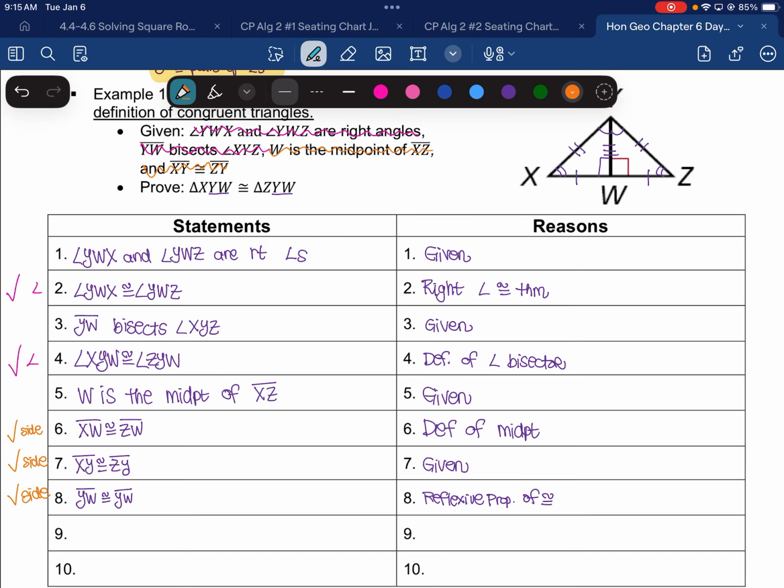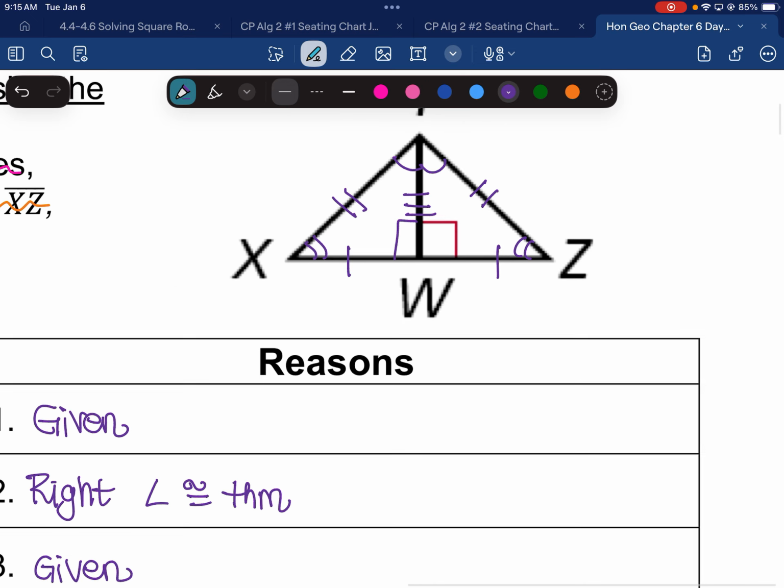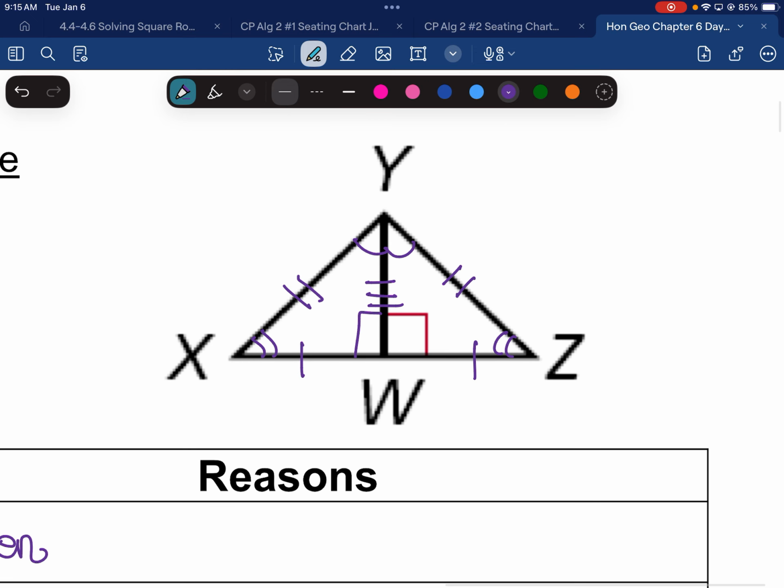What was the last thing that we talked about? What's the only other thing that's missing? Yeah? Is it angle X and angle Z? Yeah. Third angle theorem? Yes. And Caroline, you're allowed to name them as angle X and angle Z with one letter because there's only one angle at those.